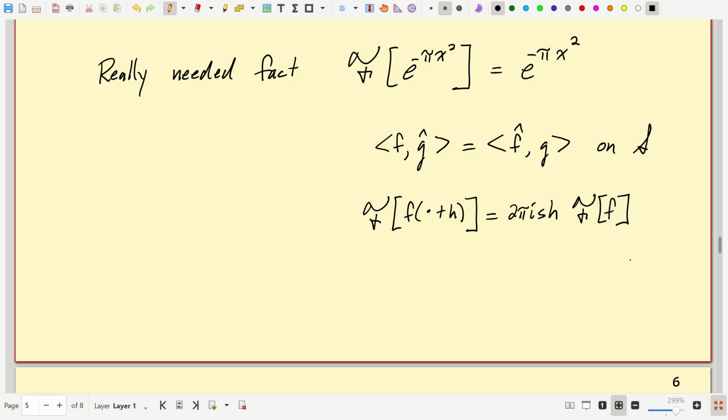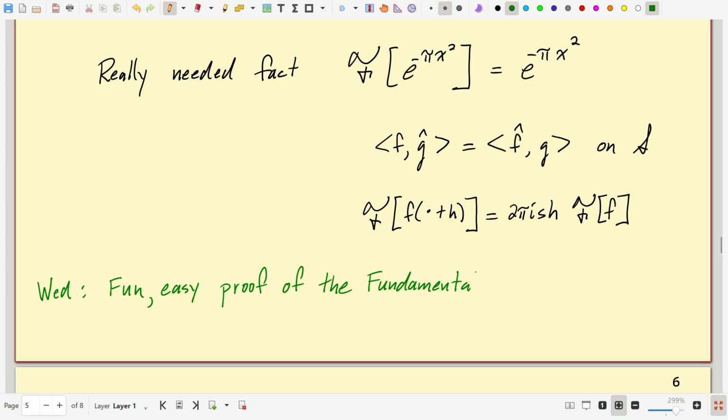And so on Wednesday, as something fun to do as a break after all this hard work, I'm going to get careful again and give you a fun, easy proof of the fundamental theorem of algebra using ideas that we've learned along the way. That is that every polynomial has a root in the complex plane.